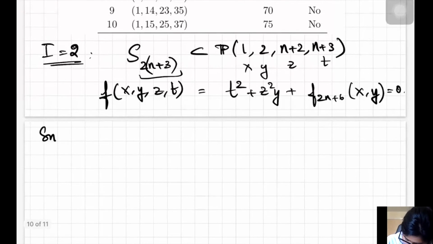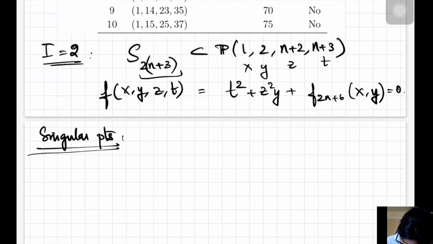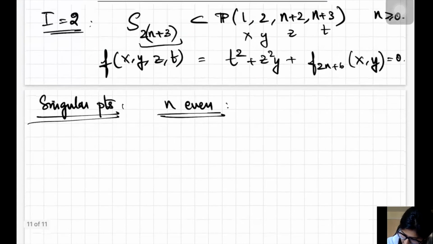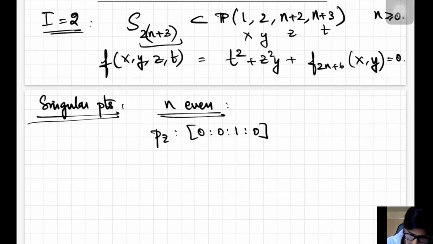Now, what are the singular points? There are going to be some singularities in it. We have a couple of them. When n is even, because n is anything greater than or equal to 0, the points are p_z. For me, p_z is when z is 1 and the rest are 0. This is of type 1 over n plus 2, (1, 1).